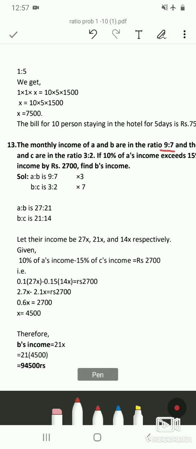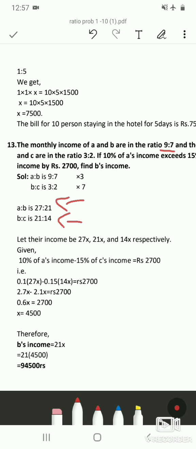So you obtain A is to B as 27 is to 21 and B is to C as 21 is to 14. This is nothing but another form of a ratio, and when you simplify again you will get back to the lowest form of the ratio. Why are we expressing it in this form?